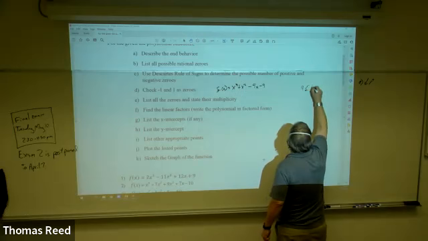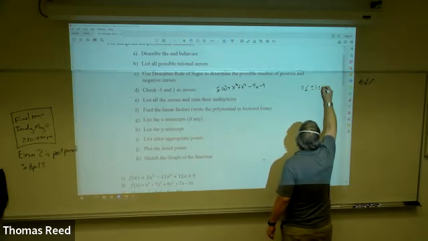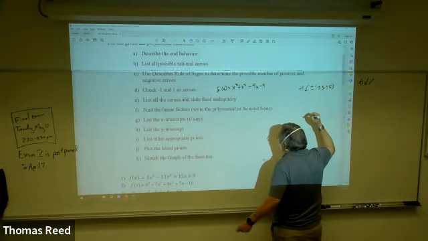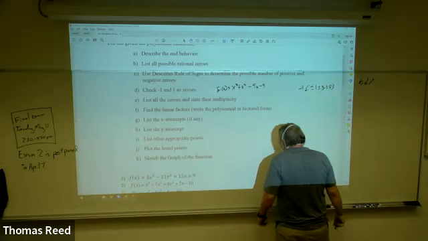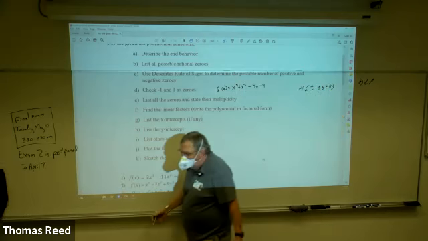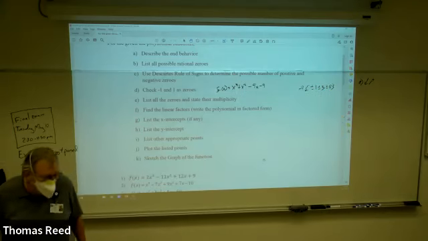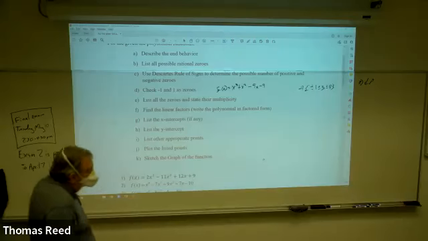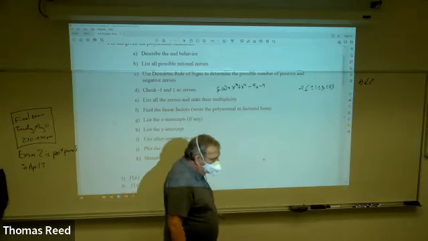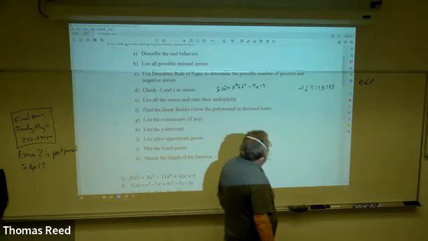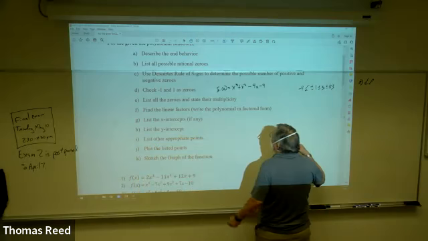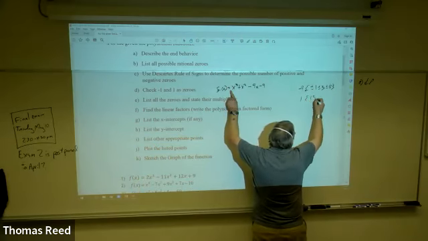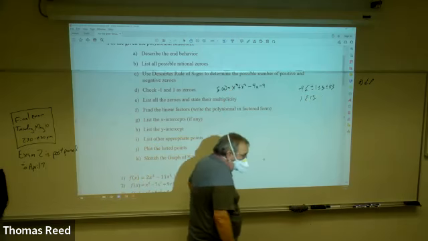The factors of 9 are plus or minus 1, plus or minus 3, plus or minus 9. Whether it's a 9 or a -9, it doesn't matter because they have the same factors. With -9, one's negative, the other's positive, and with +9, they're both the same sign. The leading coefficient is 1, and 1 has only one factor, 1.